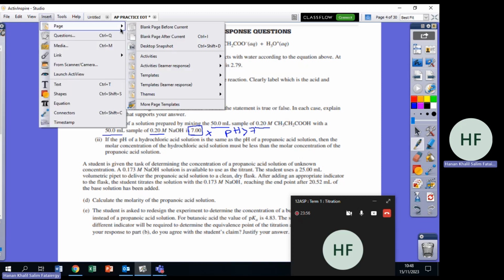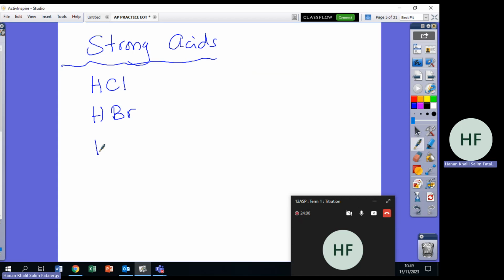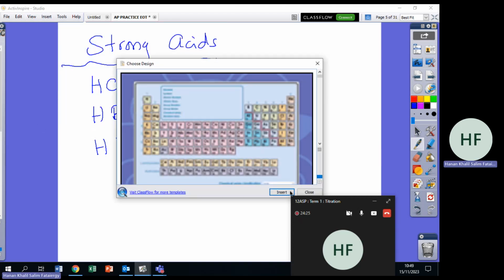By the way, I want to remind you of the list of strong acids. You have 6 strong acids. You should memorize them, because if you do not memorize, you will not be able to know if the acid is strong or weak. The strong acids are HCl, HBr, HI, these are from the halogens. Then we have the oxyacids HNO3, HClO4, H2SO4. This is the list of strong acids.